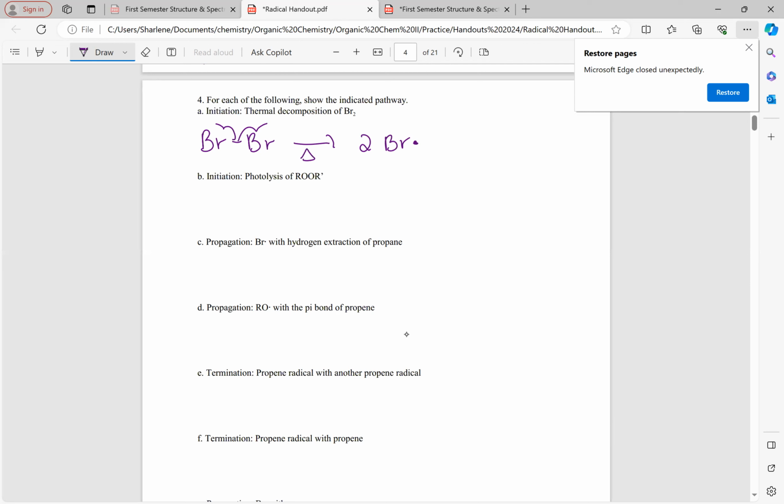How about the photolysis of a peroxide? And I keep writing them underneath the reaction arrow. You could put them on top if you wanted. So I just give you a few examples of, can you just show me initiation?